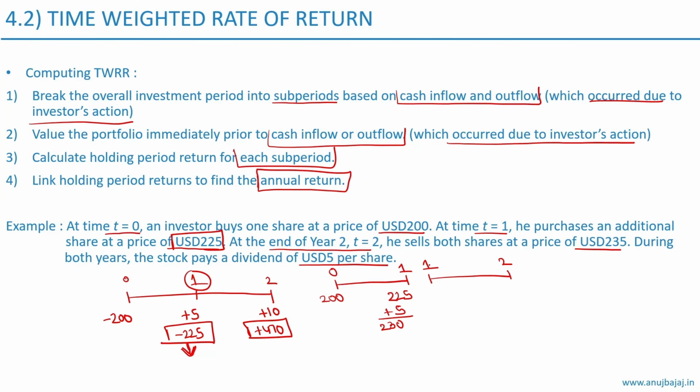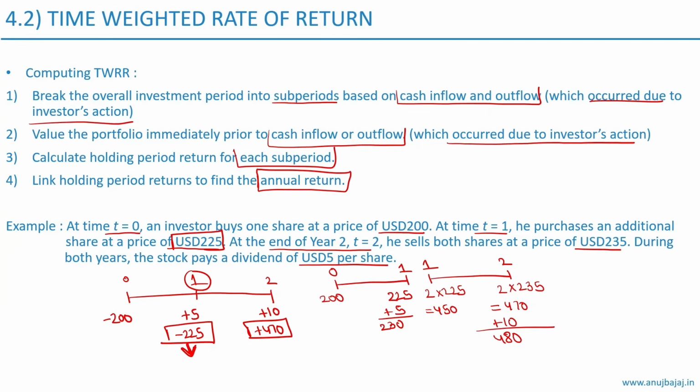Now the value at the beginning of the second sub-period, that is the value immediately after this additional share was purchased, our portfolio has 2 shares whose value is $225 multiplied by 2, which is $450. And the value at the end of the second sub-period is 2 shares where each share is worth $235. And we also received $10 as our dividend. So the total value is $480.